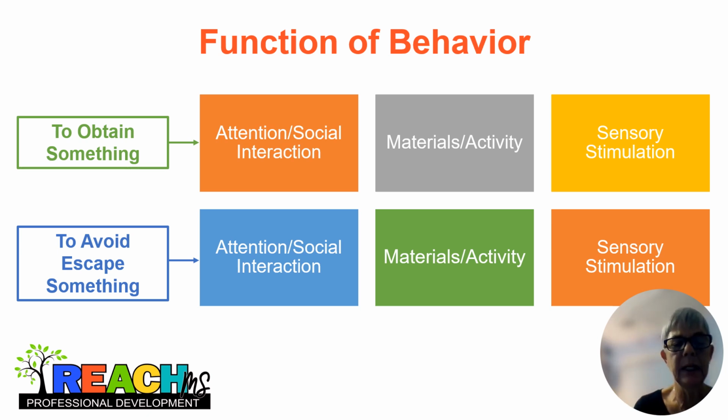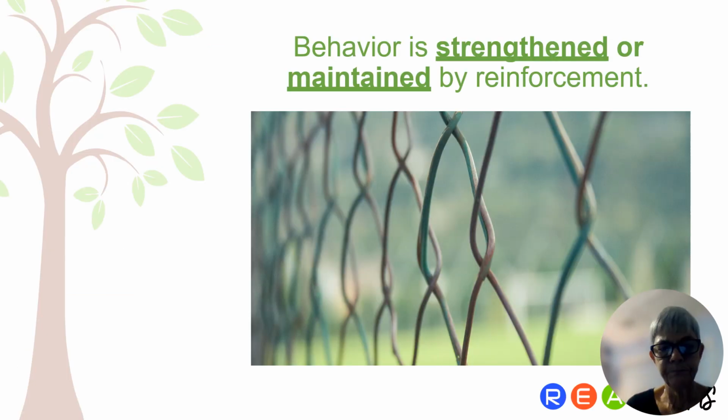So understanding the function of a kid's behavior is really key in helping us understand the best way to respond. When we think about behavior, remember that I said that it's strengthened or maintained by reinforcement. Punishment weakens behavior, reinforcement strengthens behavior.